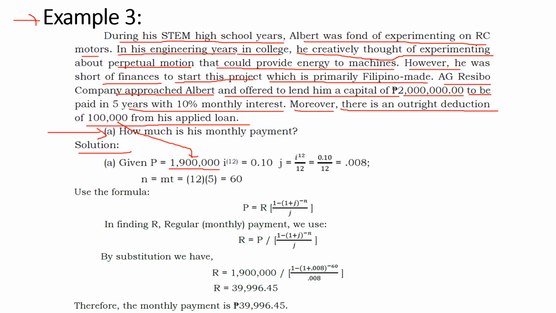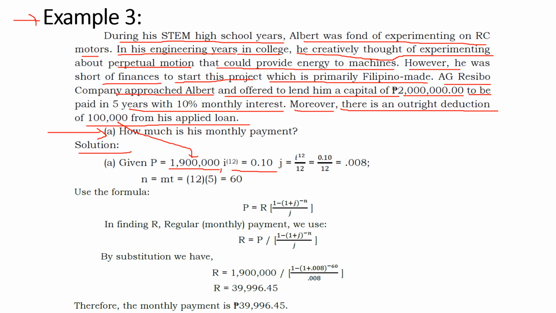So i^(12) is compounded, because 10% will be applied monthly as the interest rate. In this case, your i^(12) is equal to 0.10. We just simply convert this 10% to decimal by dividing it by 100.